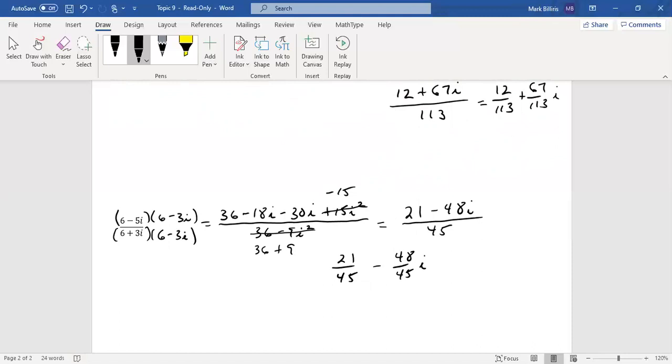Now I can reduce. 3 goes into both 21 and 45, so this becomes 7 over 15. And 3 also divides into 48 and 45, so 48 divided by 3 is 16, 45 divided by 3 is 15. So my final answer in standard form would be 7 over 15 minus 16 over 15 i.